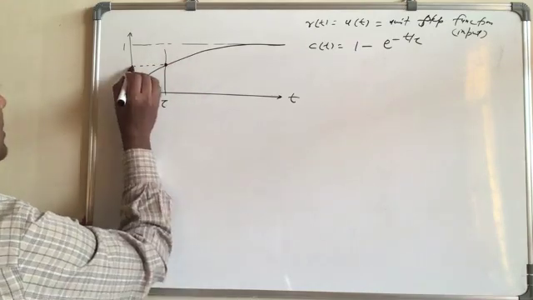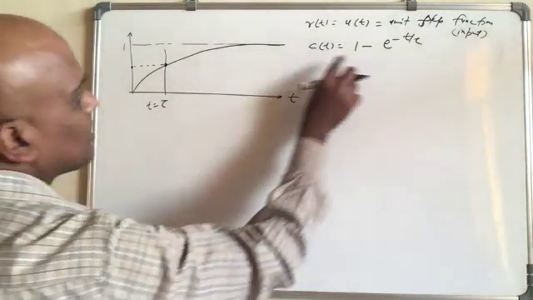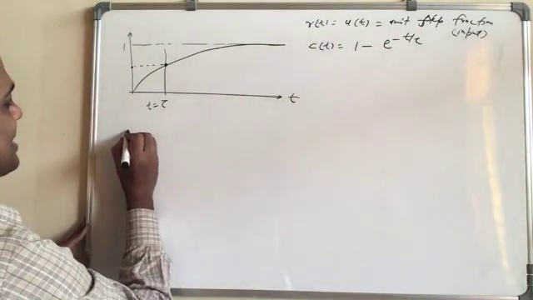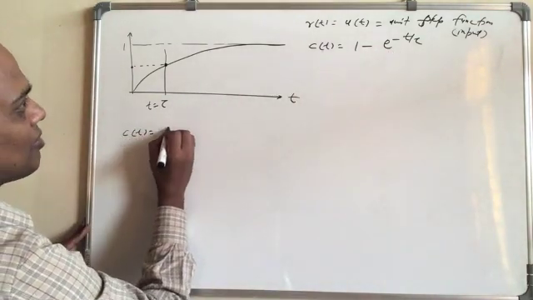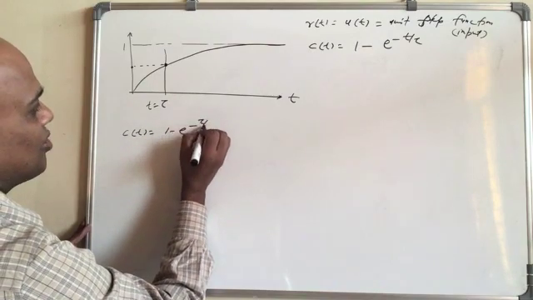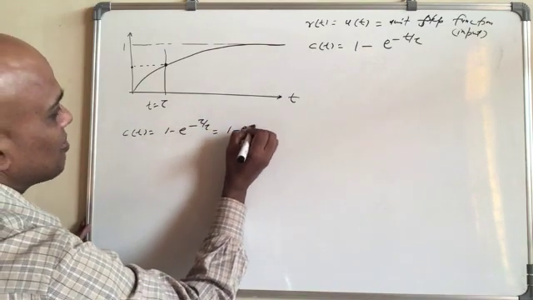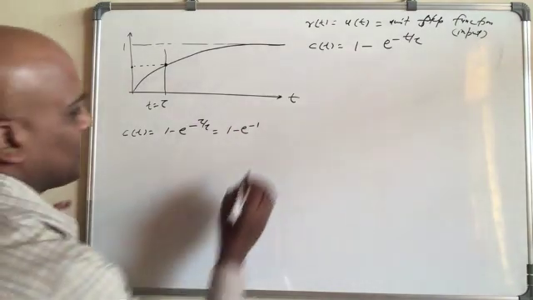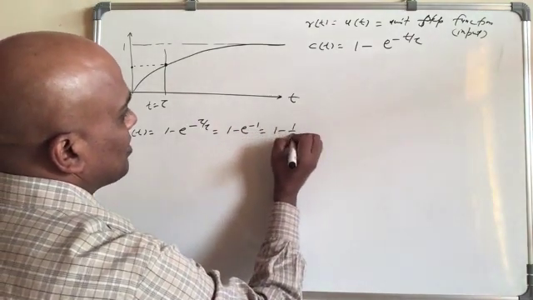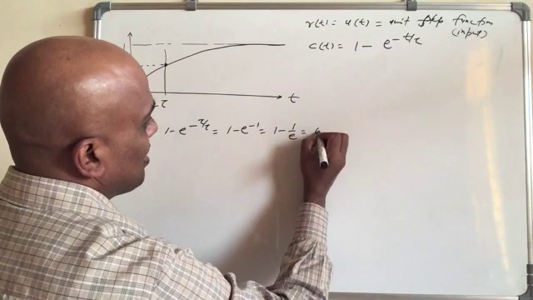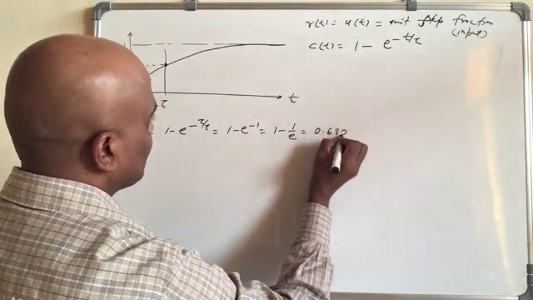Put t equal to tau, so c(t) is equal to 1 minus e to the power minus 1, which is 1 minus 1 over e, basically equal to 0.632.